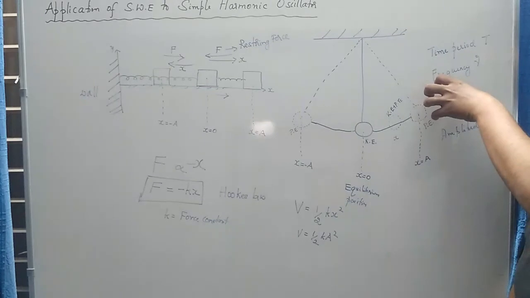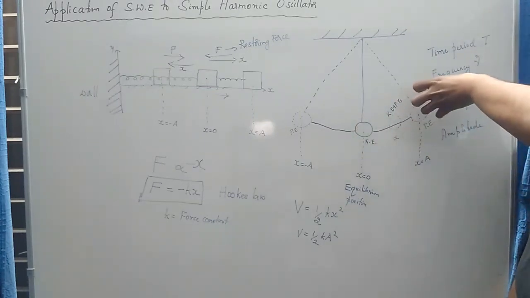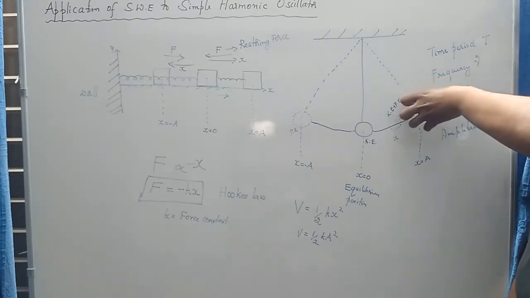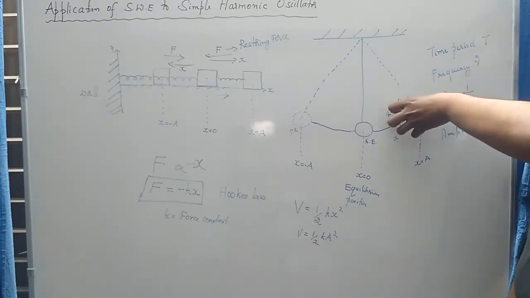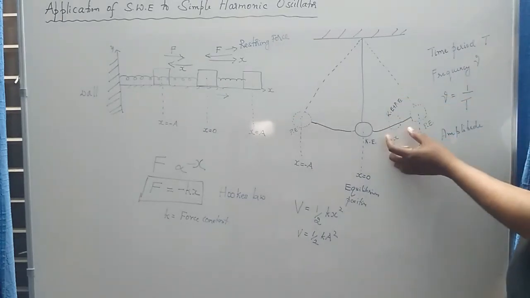So what happens to the energy when it comes back to the equilibrium position? Here all the energy was in the form of potential energy. When this particle or the object starts moving towards the equilibrium position, some potential energy will be converted to kinetic energy. So at the intermediate position, the total energy contains both kinetic and potential energy.